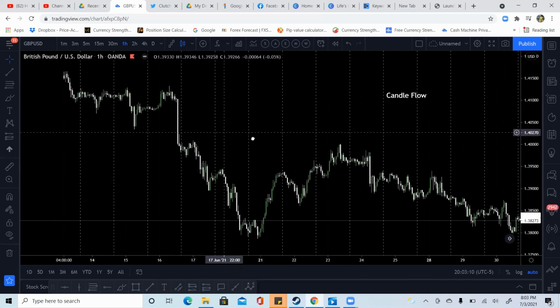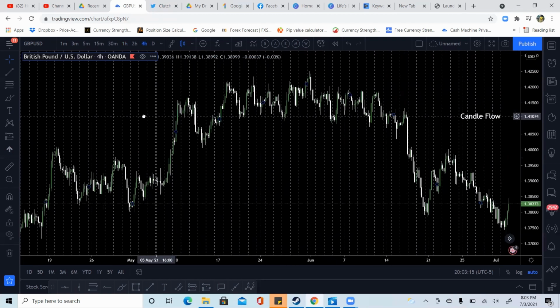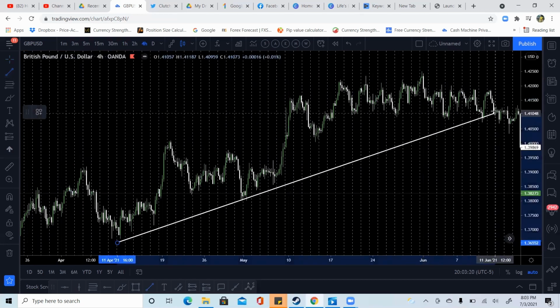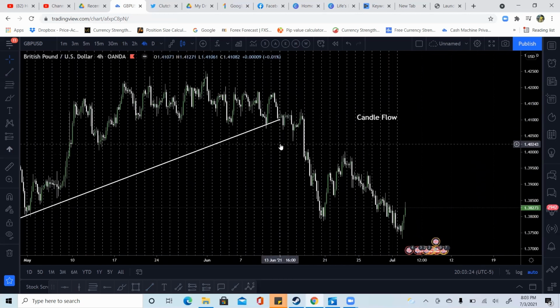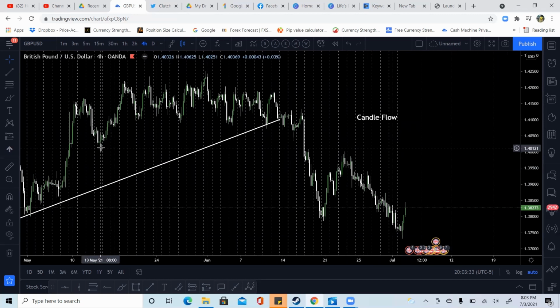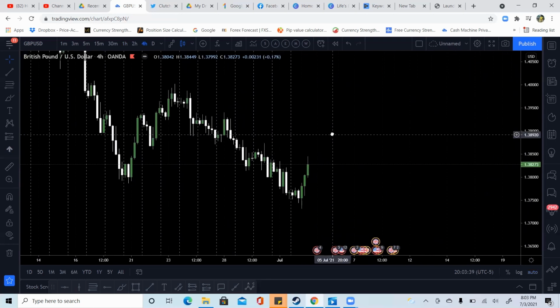If you were to go out a little bit, to the 4 hour, you see that the market has had a pretty big uptrend for the most part, and now it's in a downtrend. But the candle flow is showing you what the market is doing right now. It's not taking too much past data, it's taking the most recent amount of data. So you have to zoom into what's going on now.